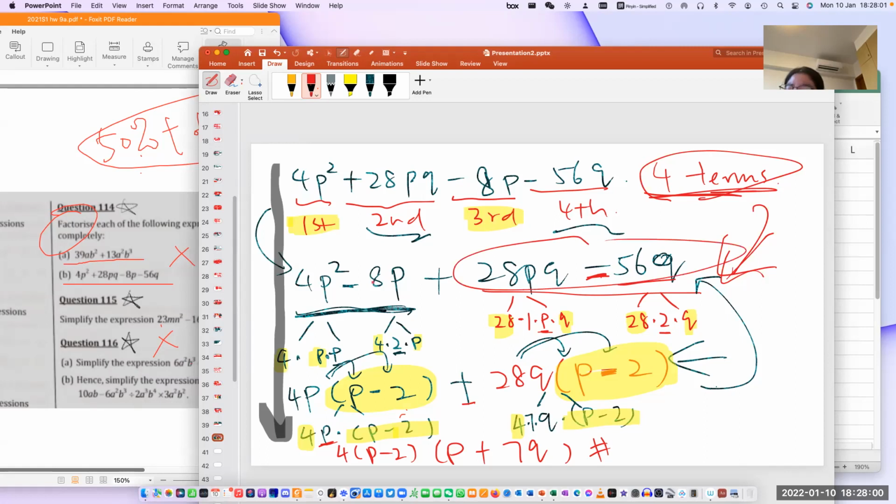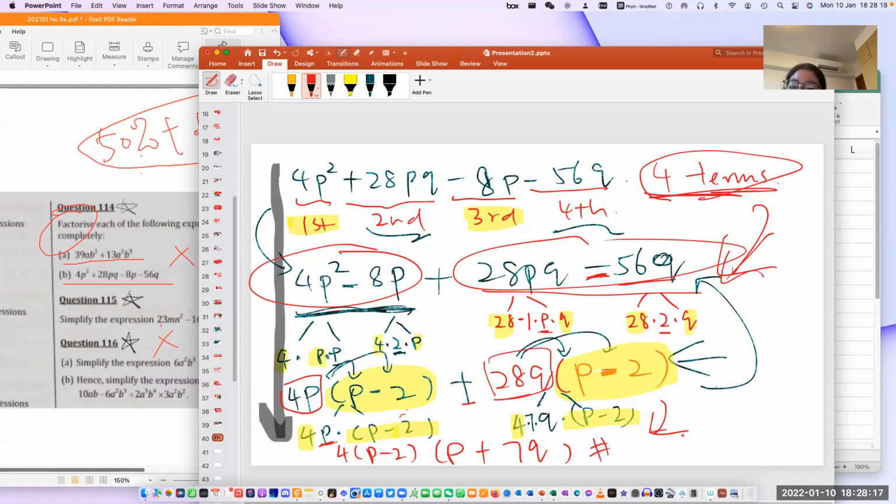Group first. Once you group, factorize. Once you factorize, factorize further.